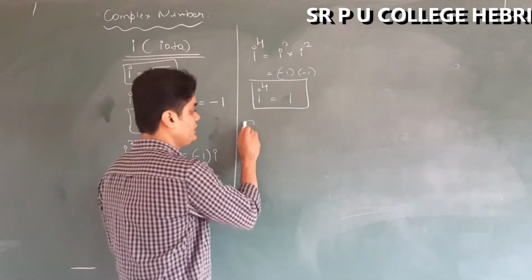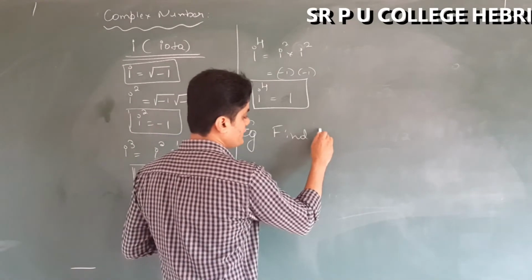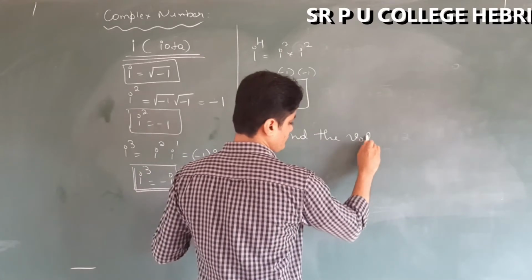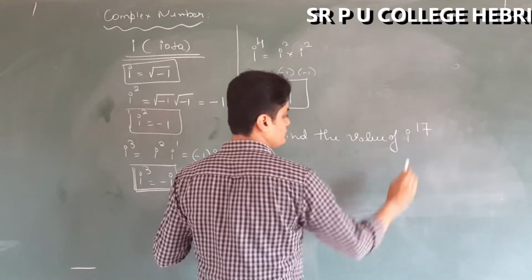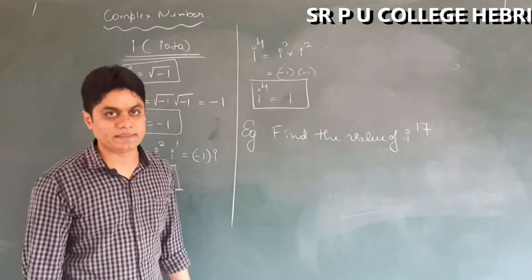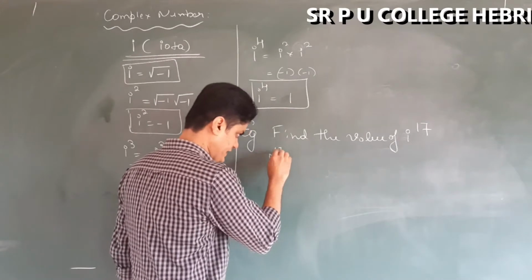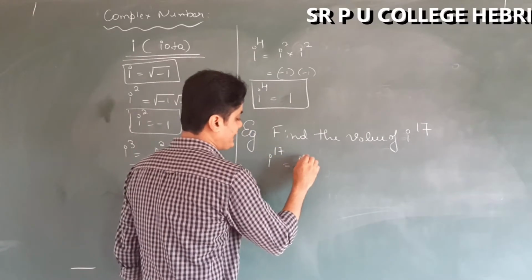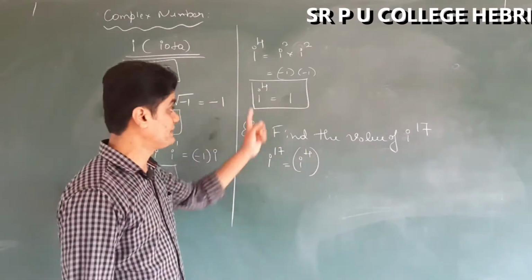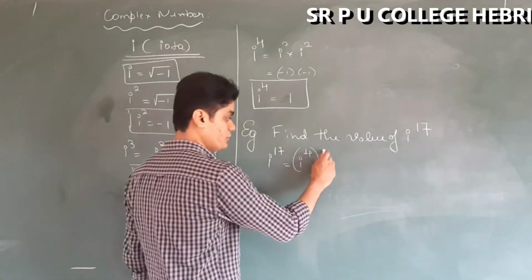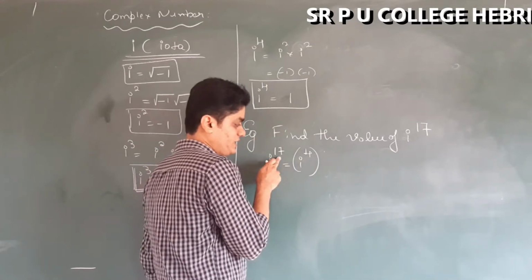For example, suppose the question in an exam for 1 mark is: find the value of i power 17. How do you find it? Take i power 17 and try to express it in terms of i power 4, because you know i power 4 is 1. i power 4 times 17 is not guaranteed, so at least you can come near to 17.